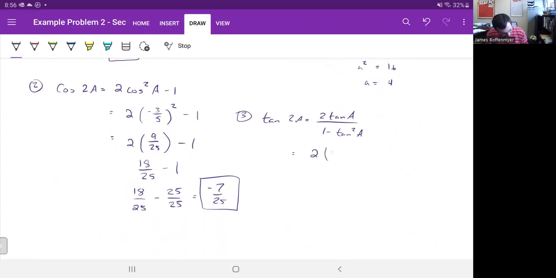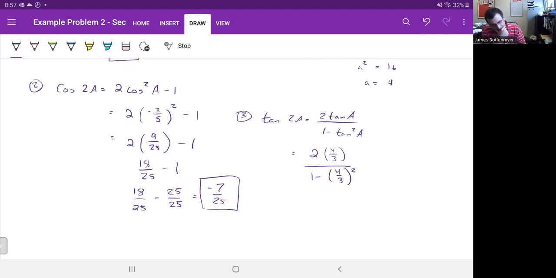So it would be 2 times 4/3 on the top over 1 minus, excuse me, tangent squared of your angle. Well, we don't have to go out and find the angle because we just found it. 4/3 squared. Okay, just did the trig. Now we get to do the algebra.